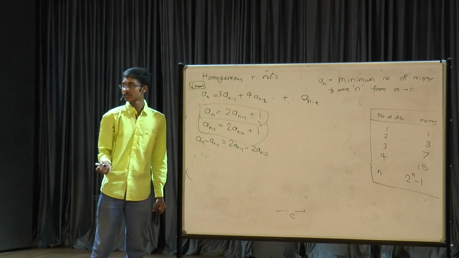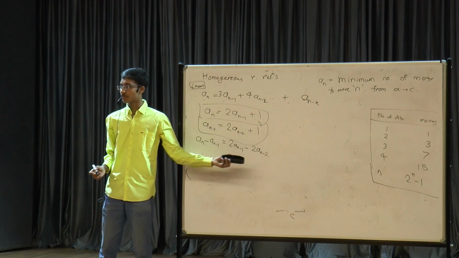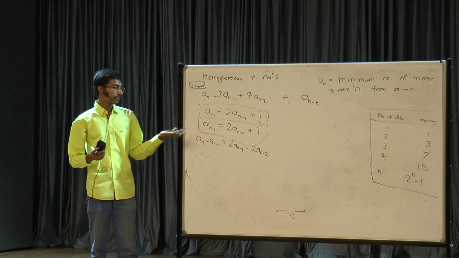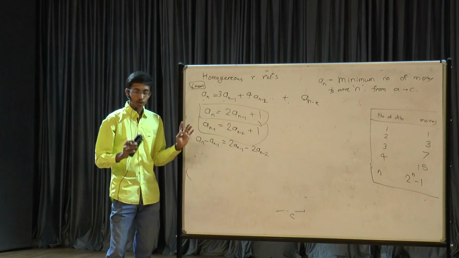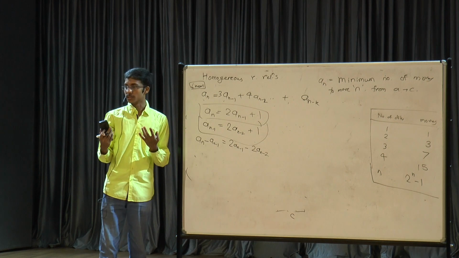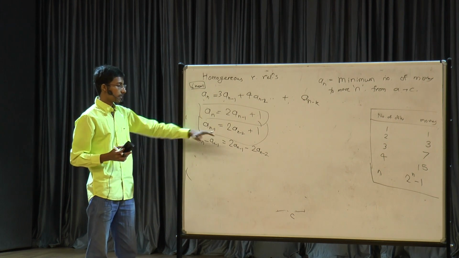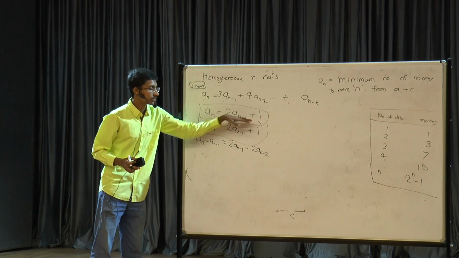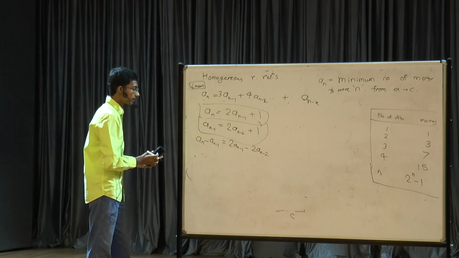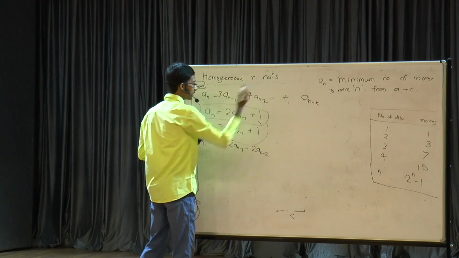And 1 gets cancelled. Now you see that this has become homogeneous. Everything is of the same form. So when you reach this homogeneous form, after that you can work on it to get the general formula. But the idea is to convert these things into these forms. Okay? So that was homogeneous recurrence relations.